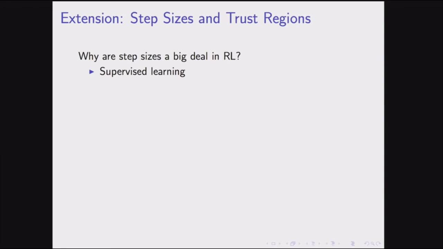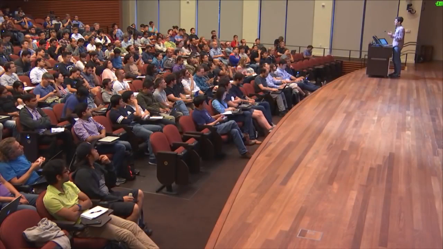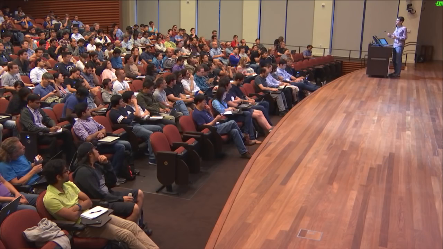So one issue that you run into is with step sizes. In supervised learning, step sizes aren't that big of a deal, because maybe you take too big of a step, but that's okay. You'll fix it the next update, and your current classifier, for example, doesn't affect what inputs you're getting.